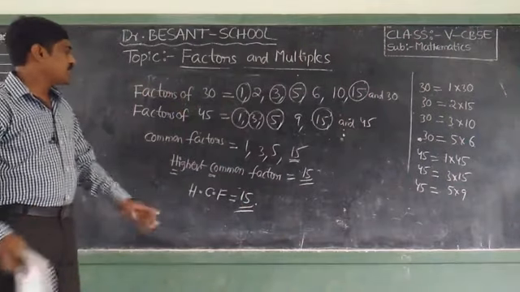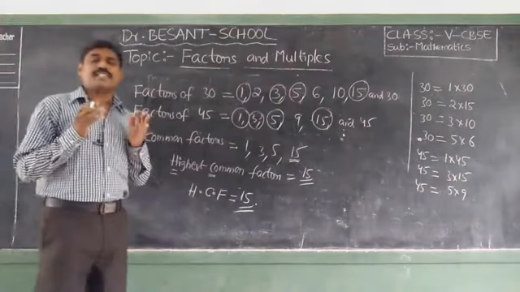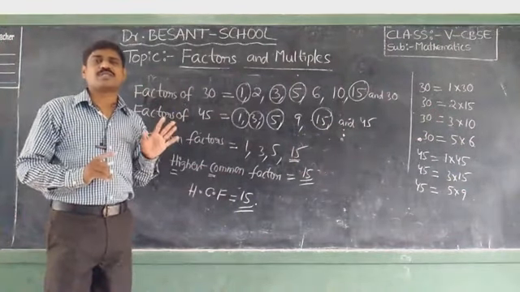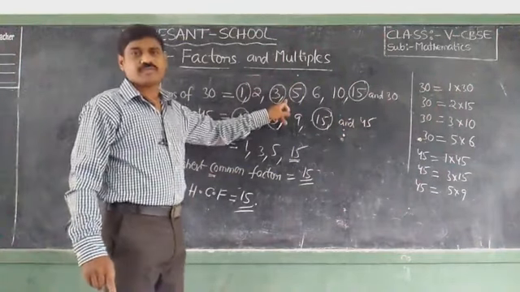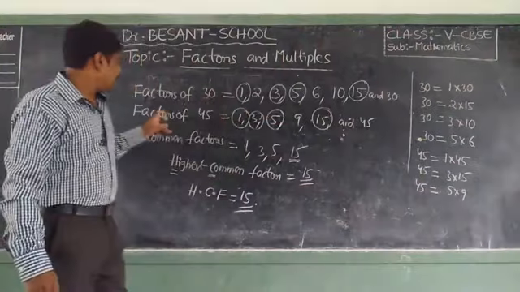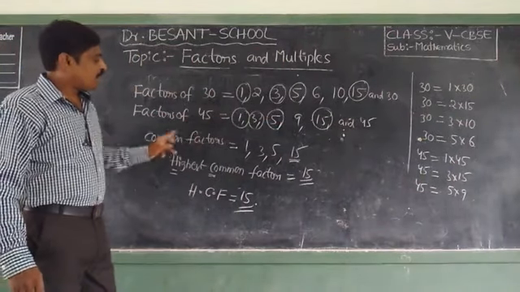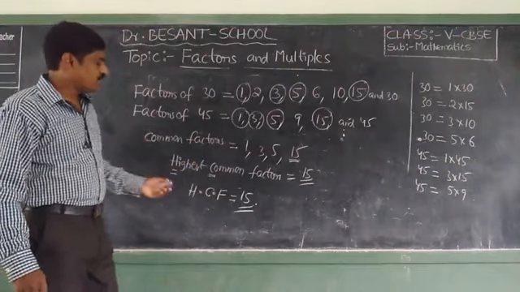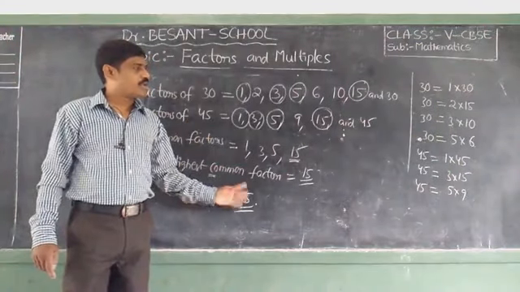This is the HCF of 30 and 45. How to find HCF of two numbers? This is the process we have to follow. First of all, we have to write the factors of the first number and the factors of the second number. The common factors we have to write. Next, the highest common factor we have to write. That is called HCF. Okay, children, this is one good example. Children, note down.